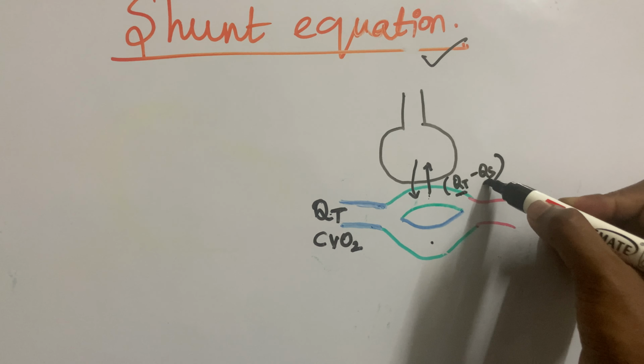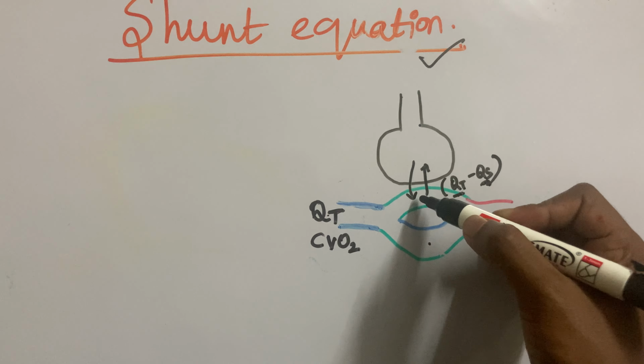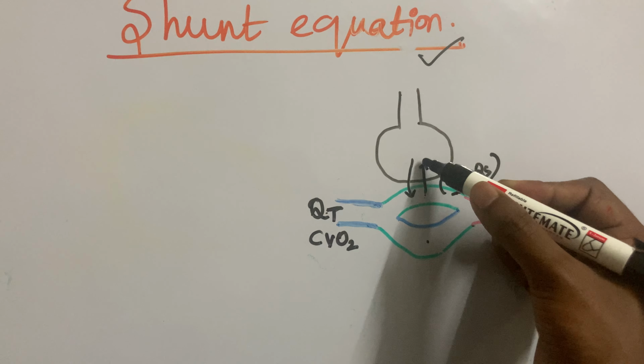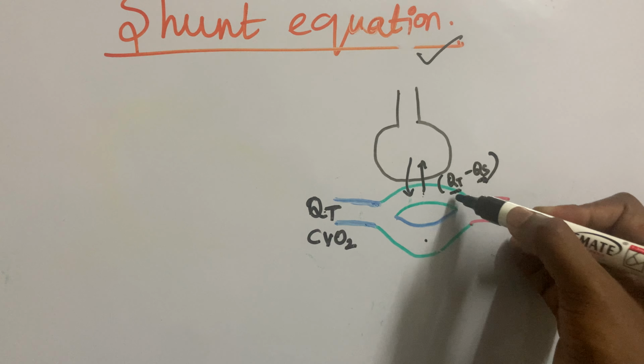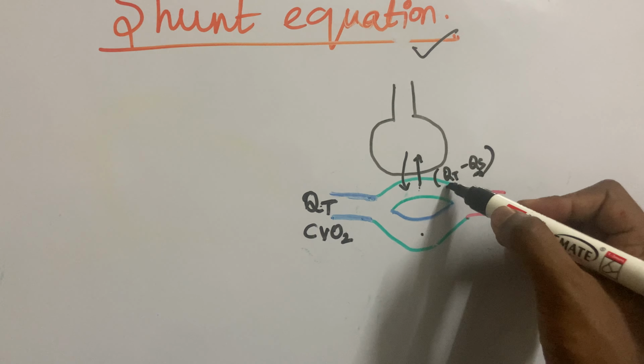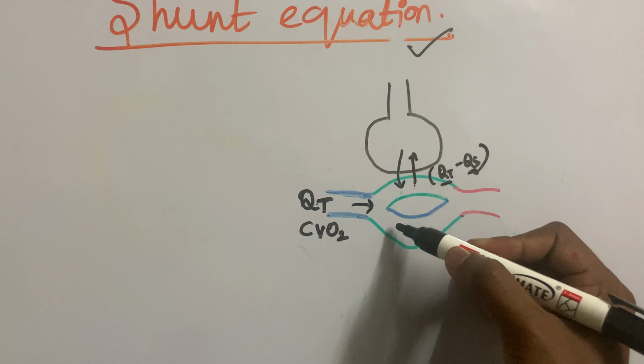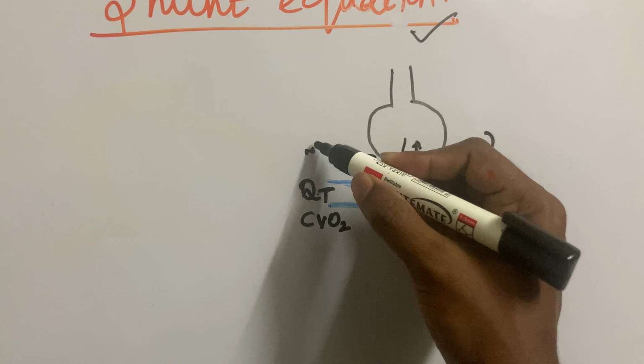So Qt minus Qs is the flow through pulmonary capillaries near the alveoli that is involved in gas exchange and contributing to oxygenation. This is the non-shunted fraction.